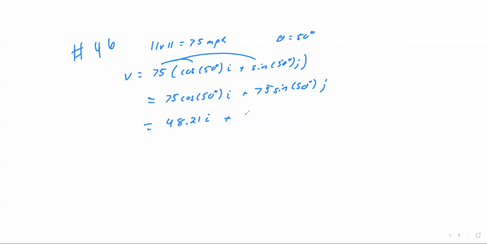And this one gives me 57.45 j. So our component form here would just be 48.21, comma, 57.45. All right. So that's how you do those type of problems.